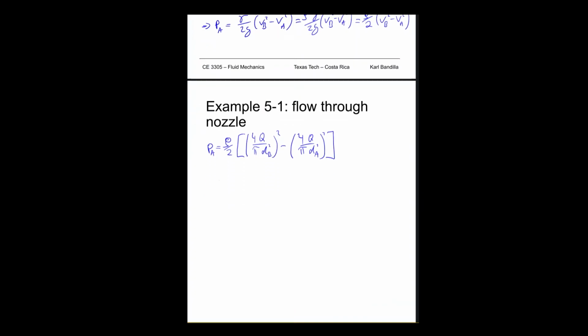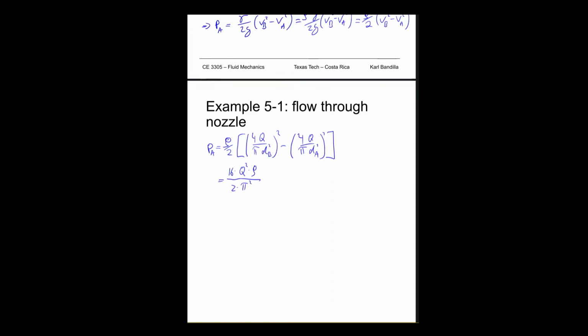So this would then be still the rho over 2. What else can we pull out? Well, we can pull out the 4 and the Q on top here. So we'd have 4 squared, which is 16, times Q squared times rho. And on the bottom, we can pull out the pi. We have to be careful, it's pi squared now, which looks a little strange. 2 times pi squared.